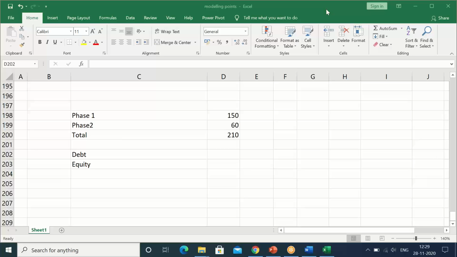So the equity should be sufficient to pay off the debt.